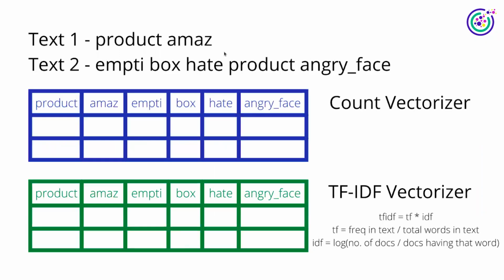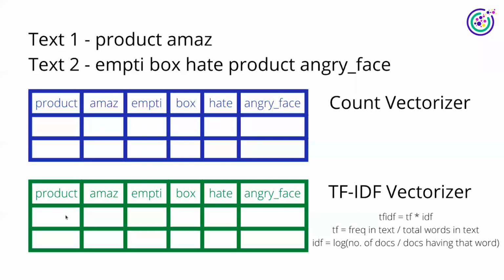Once you have both the texts here, you want to convert them into a vector format, right? So these entries in the columns are for count vectorizer. The first row will define the count vectorizer vector for text one, and the second row will define the vector representation of this sentence after you convert it with count vectorizer.